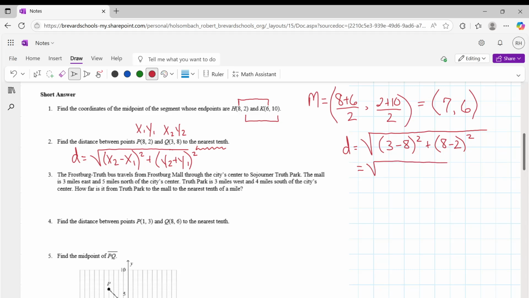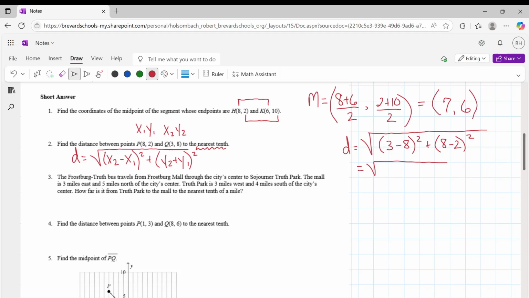So in your calculator, if you do 3 minus 8, you get -5, and then you push the x squared button. You get 25 plus 8 minus 2 is 6, and 6 squared is 36.